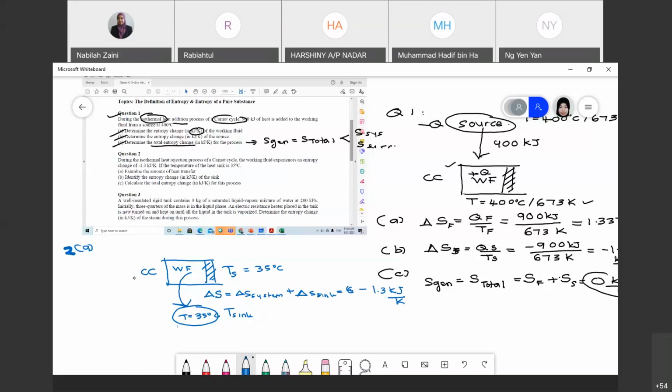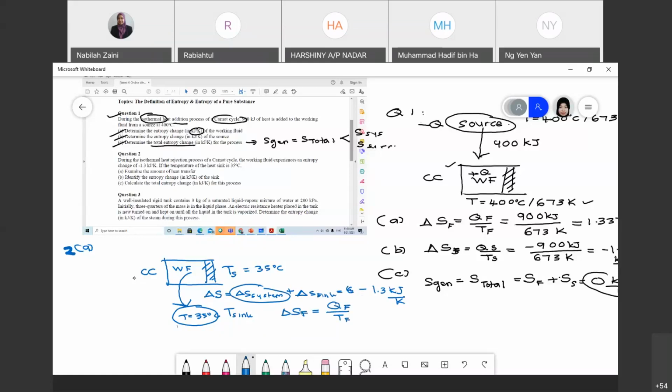Okay, so how do you want to make a perfect solution? From here we come up with the system that consists of the fluid.